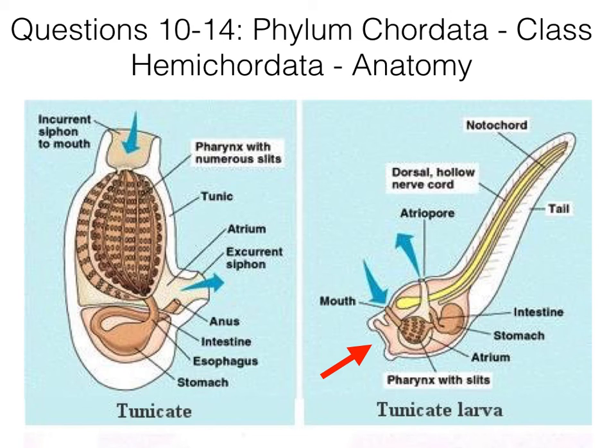But at some point, the red arrow there shows the point at which the sessile ones are going to attach to some kind of solid object. And when they do that and develop into the adult, they lose the notochord, they lose the dorsal nerve cord, they lose the tail, and basically develop into that sponge-looking creature that we call the adult tunicate.